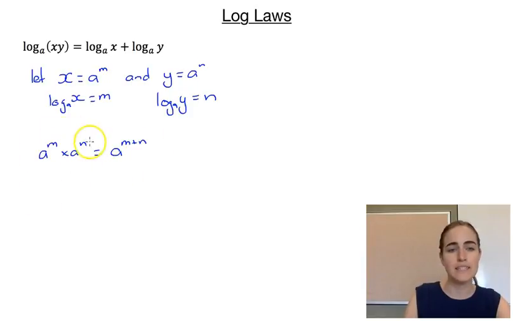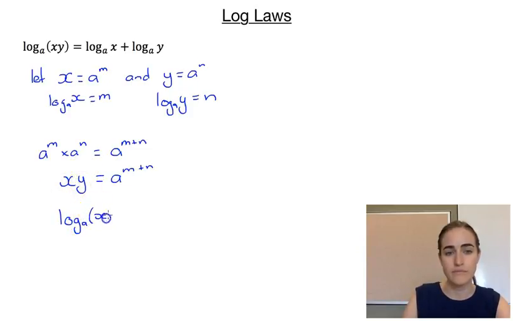Now if we start replacing this, a to the m times a to the n: well, a to the m is x and a to the n is y, so that is just x times y, or xy. We'll leave the right side for the moment as a to the power of m plus n. Now this equation is written in index form. If we rewrite that in log form, we have log to the base a of xy is equal to that power, which is m plus n.